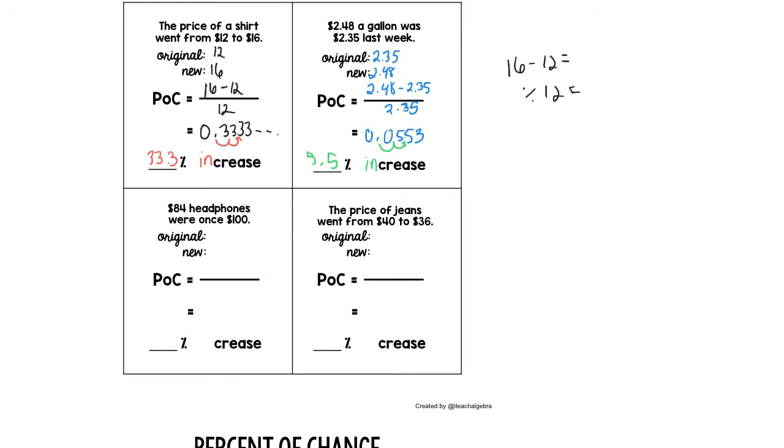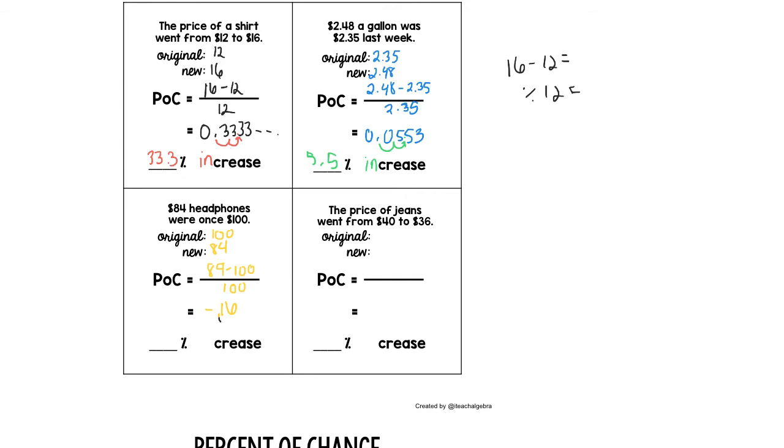Next one: $84 headphones were once $100. That means the original was $100 and the new is $84. Again, we do new, 84, minus old over old. When we do that, we get negative 0.16.